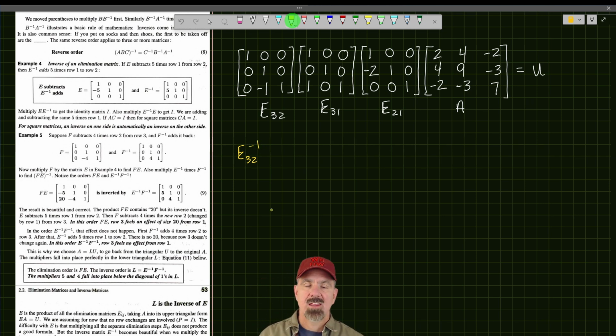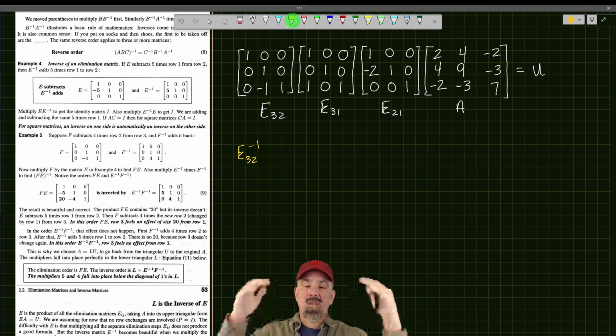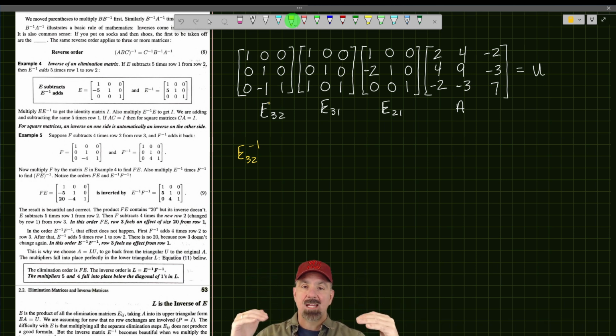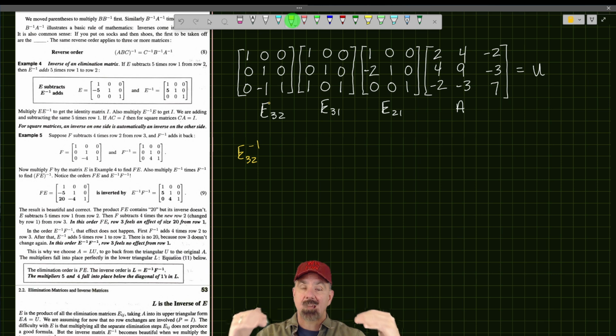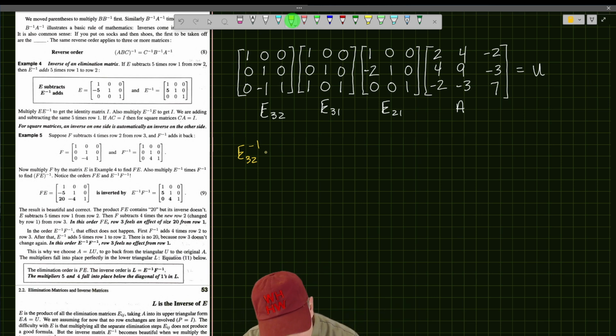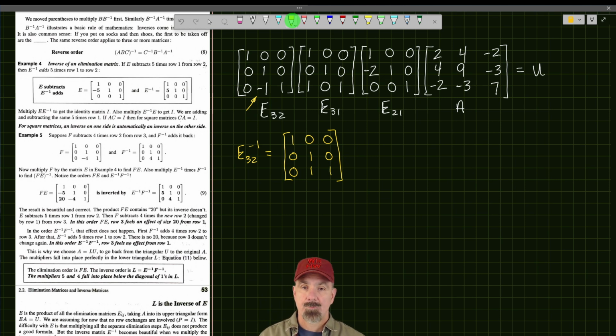So I need the thing that is going to undo. Think about what E32 is doing. It's making the third row -1 copy of the second row and adding it to the third row. So the inverse of that is to take +1 copy of the second row and add it to the third row. So the inverse here is equal to 1, 0, 0, 0, 1, 0, 0, 1, 1. All I've done is change the -1 here into a +1.